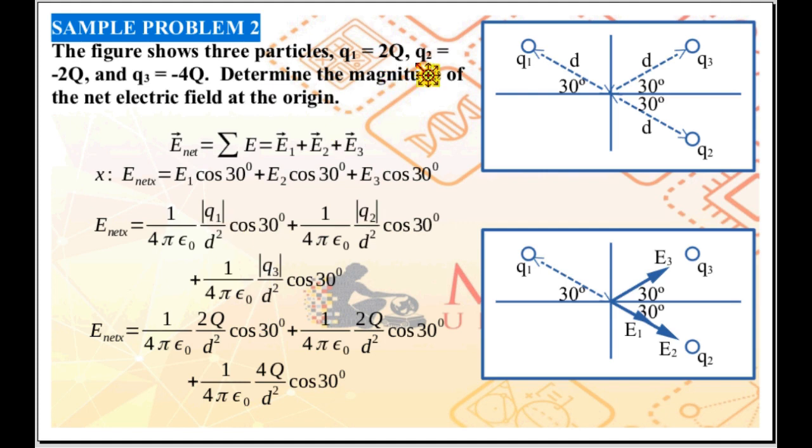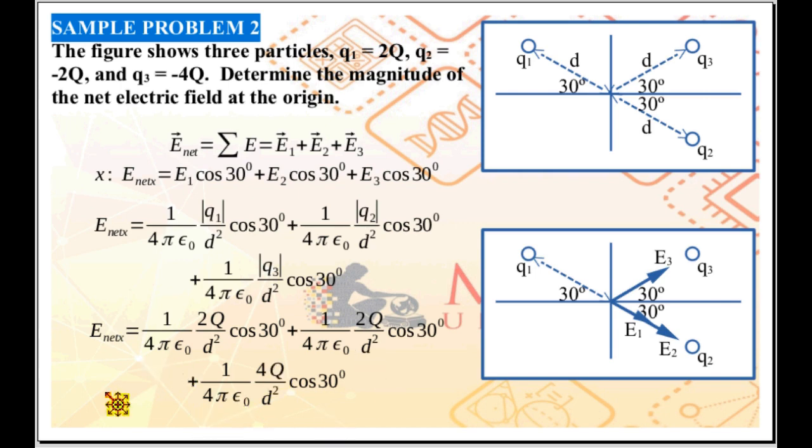Q1 is 2Q. Q2 is negative 2Q inside an absolute value. So we get rid of the negative sign. So we only have 2Q. The same goes for Q3. Q3 is negative 4Q inside an absolute value. So we get rid of the negative sign. We only have 4Q in the equation.